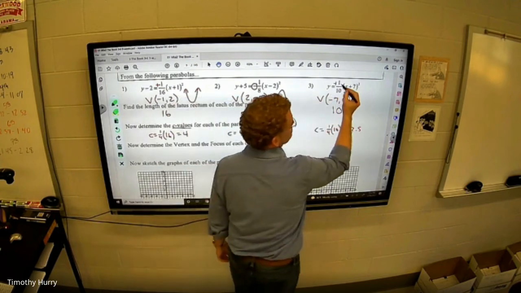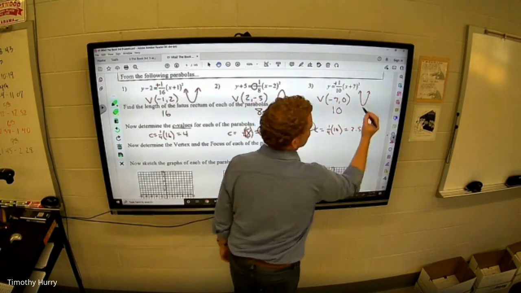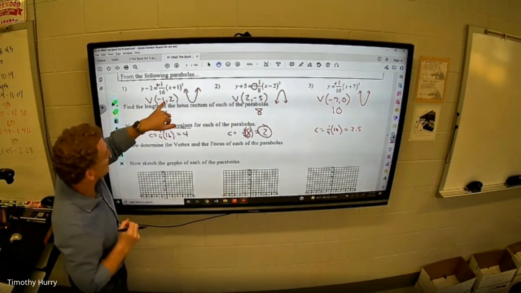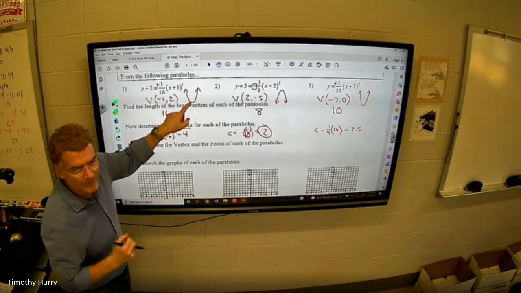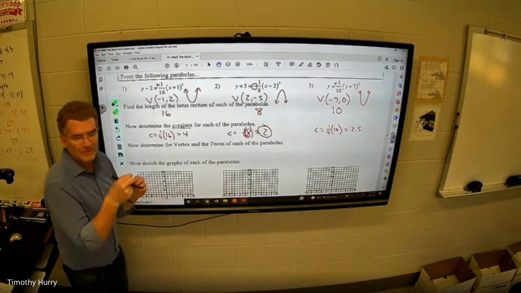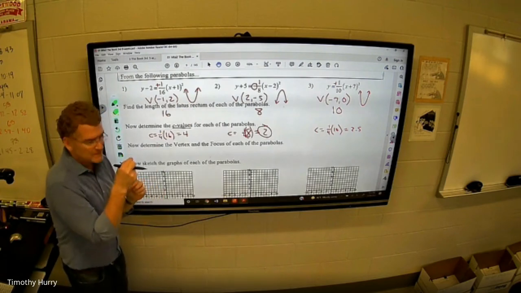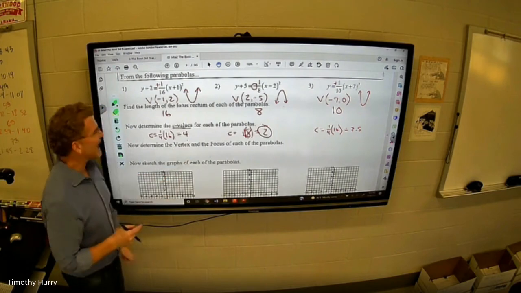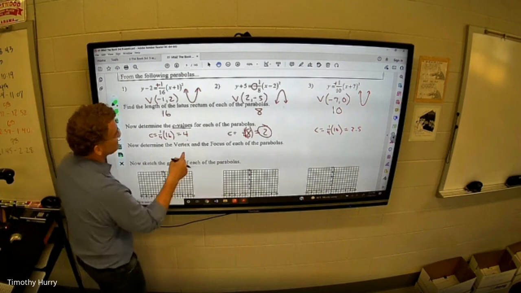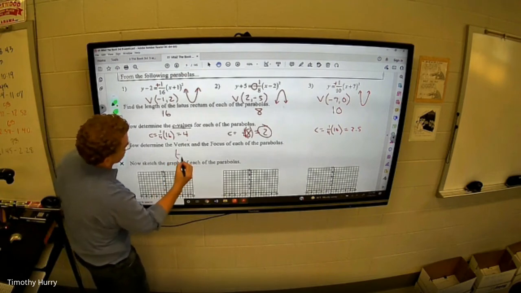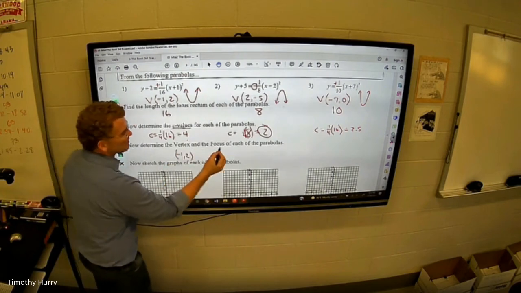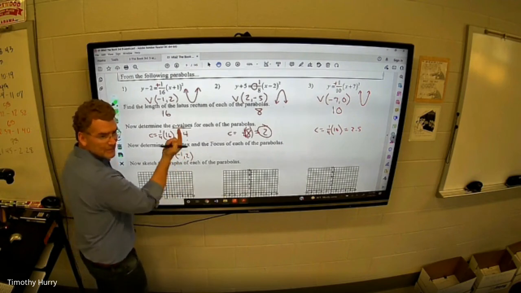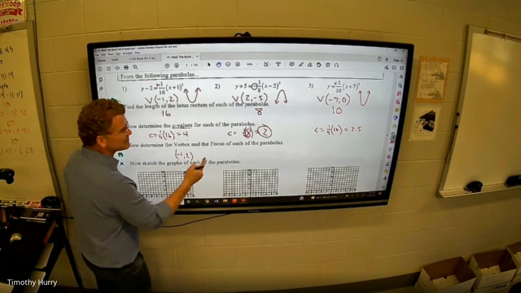My A value is positive, so my graph is going up. If I know my vertex is at -1, 2, and I'm going up, how much would I go up to get to the focus? How much? 4. So if I wanted to know the focus, actually, there's where I asked the vertex. If I want to know the focus, I'm just going to go up 4, up C, from there, which gives me what point?